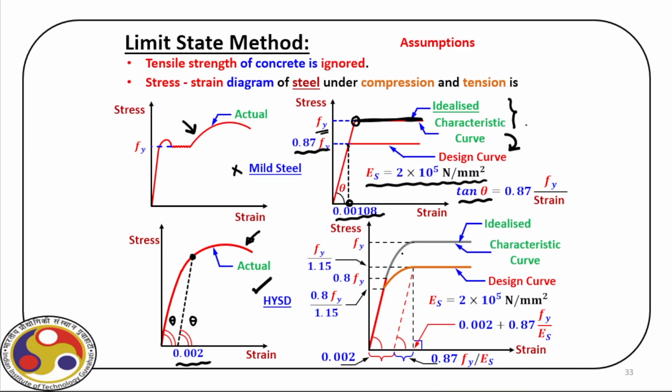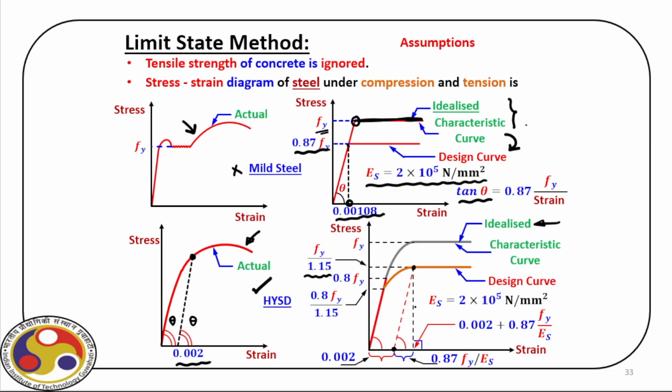Then what we do, we develop the idealized curve that you can see. The moment we get this idealized curve, we then reduce it to design curve with the help of this factor Fy divided by 1.15. Then we have this reference point I have already explained, because that tells us the yield point. So in case of this yield point, we find out the respective strain.